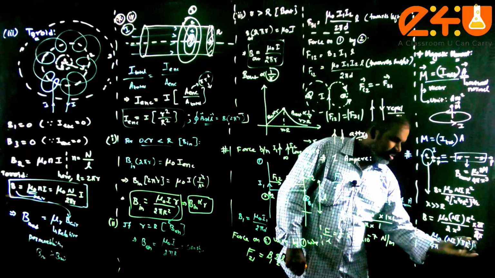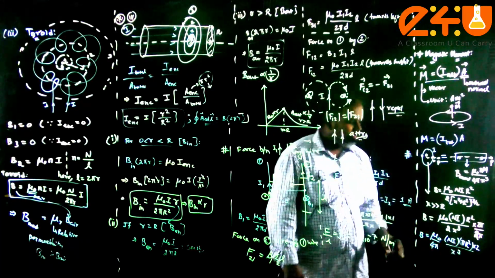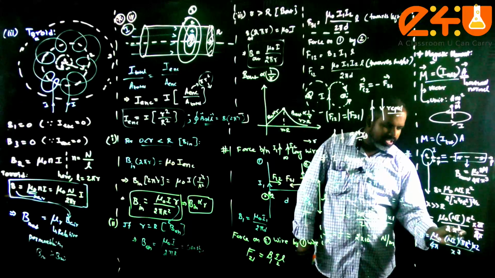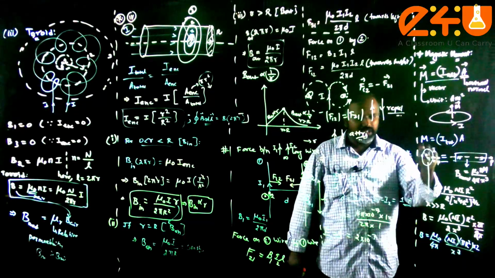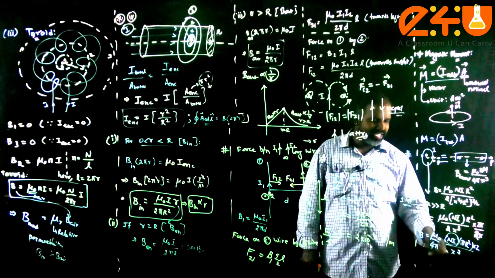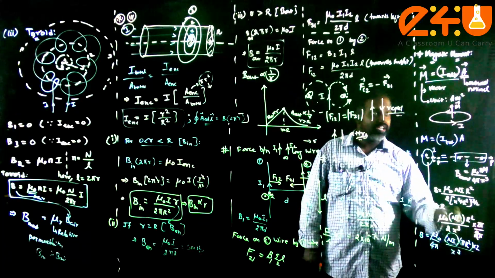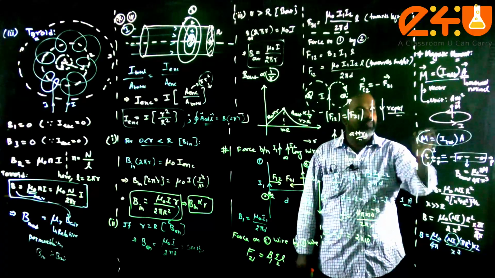I am just rearranging the terms, into 2 divided by x cube, where Ni is the total current, where N is the number of turns in the circular loop or coil. Pi r square is nothing but the area. So total current times area, that is nothing but the magnetic moment.